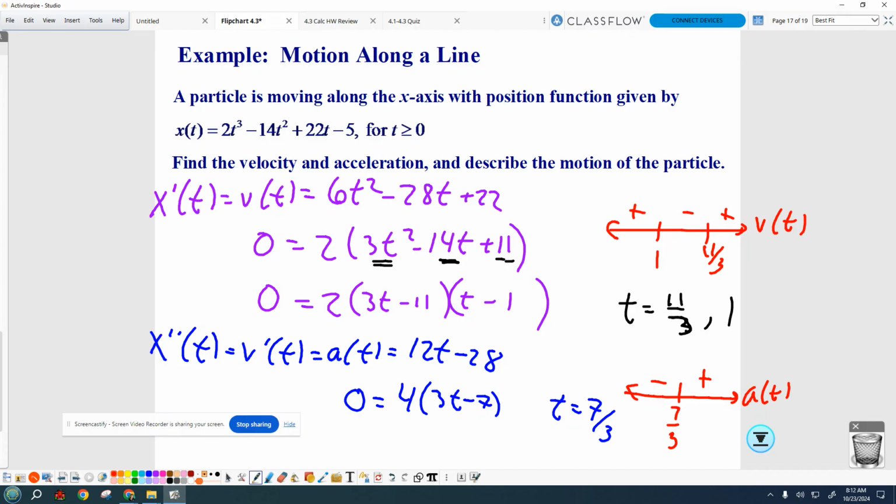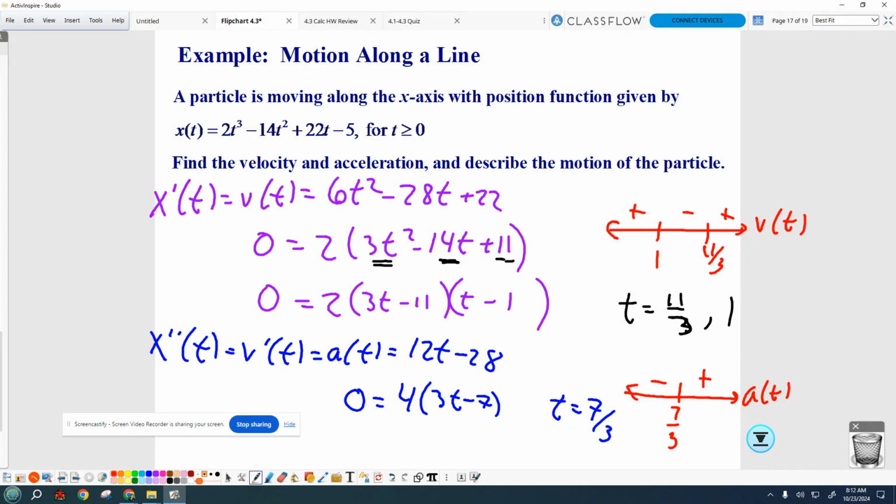At time 0, is it moving forward to the right or backwards to the left? It's moving forward. Is it moving forward at a faster and faster pace? Is it speeding up? Or is it slowing down? Why did you shake your head? Slowing down because the acceleration. Okay, it's slowing down because velocity was positive, but acceleration was negative.